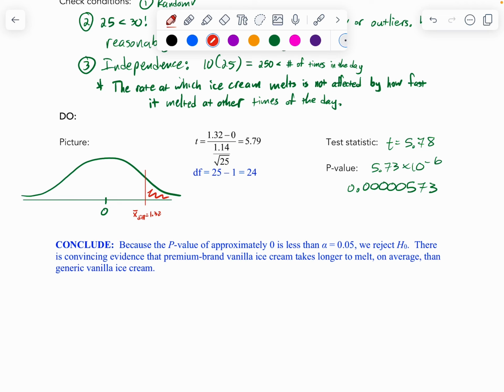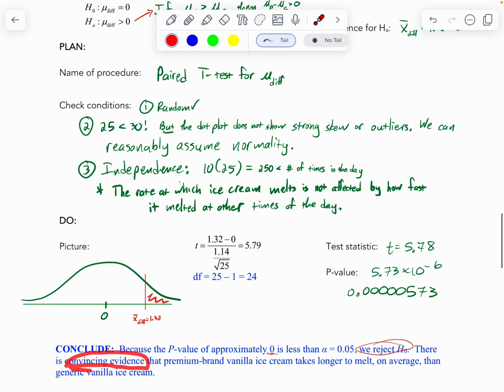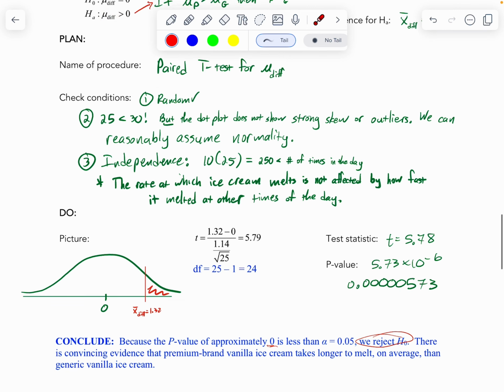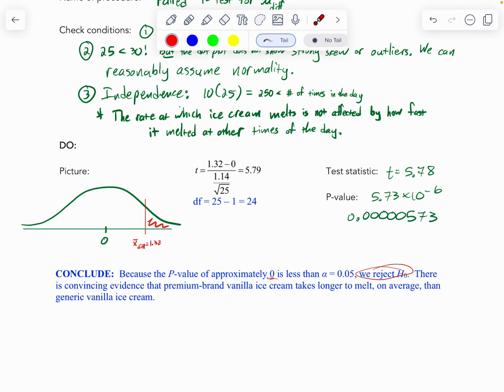We're gonna reject the null, folks. Okay, it's pretty much 0, which is less than 0.05. What does that mean? Whenever you reject the null, you use the phrase, there is convincing evidence of the alternative hypothesis that the average difference in time it takes to melt between the two ice creams is above 0.